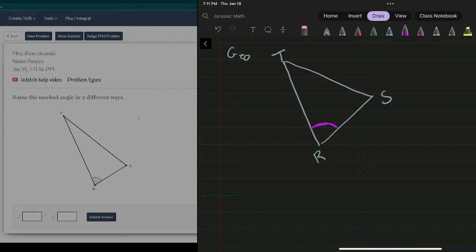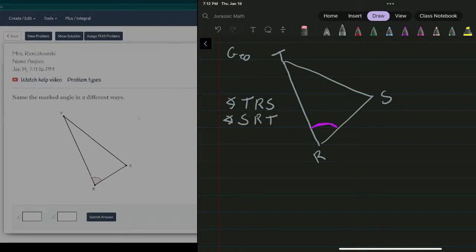Well, there are 3 different ways to label this angle. The first way would be angle TRS. The second way would just be doing those 3 letters, but backwards. So SRT.